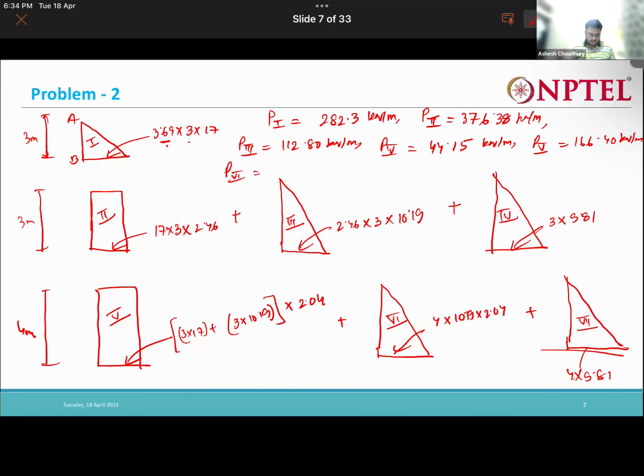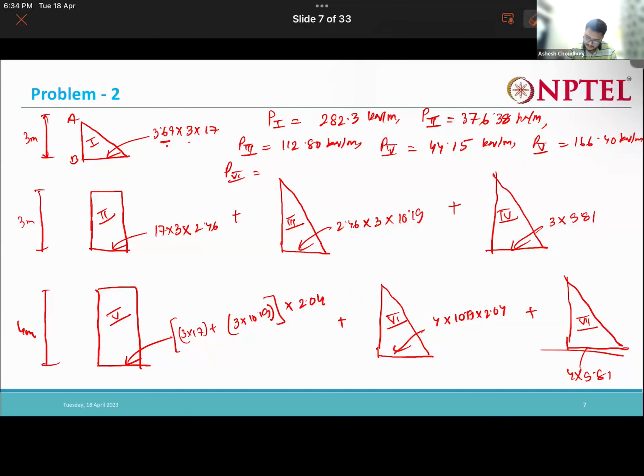P6: 3 into 17 plus 3 into 10.19 into 2.04 into 4 also is there.